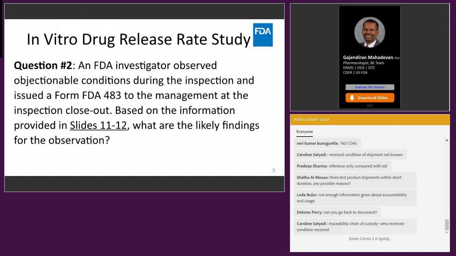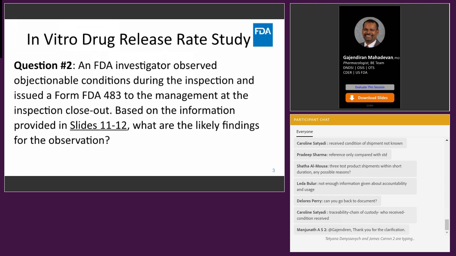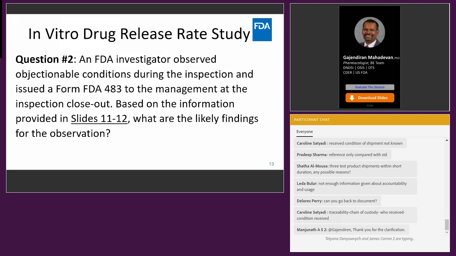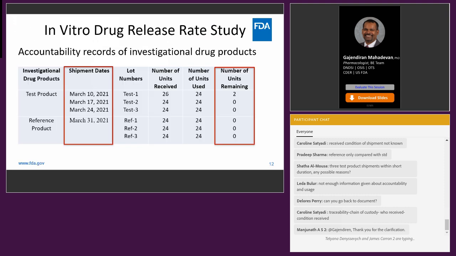Can we go back to the document? I don't know whether Jeff can show us the last slide with the different columns. So it is displayed. Please have a look at it.